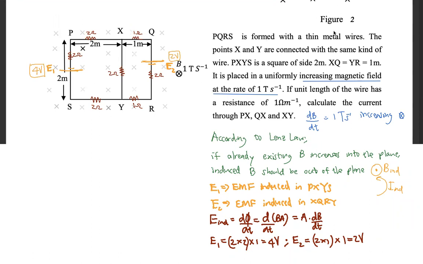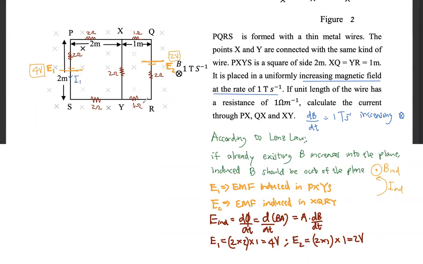So let's get started. Let's mark the currents here. The currents we have to find out are in PX, QX, XY. So this is larger, so I'll take this current as I1.